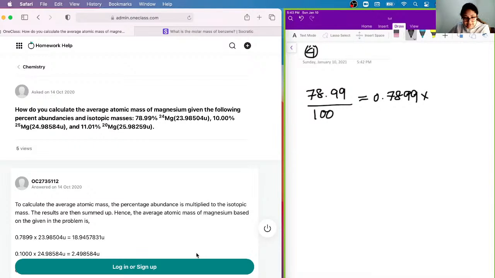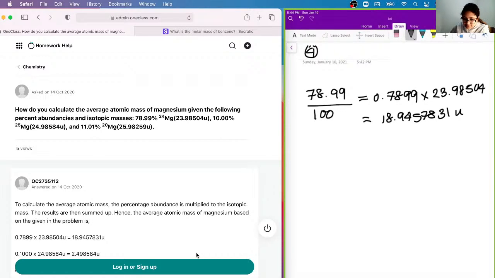Multiply this with 23.9850.4. Okay, and once you multiply it, you get 18.945783, which is the atomic mass.